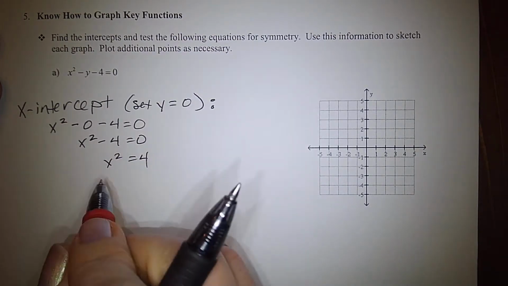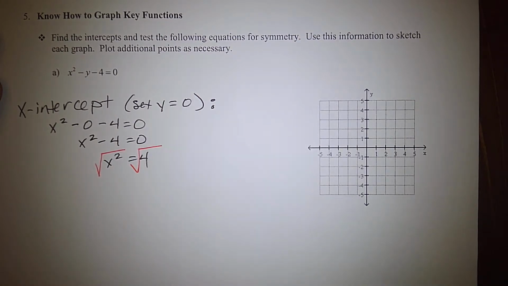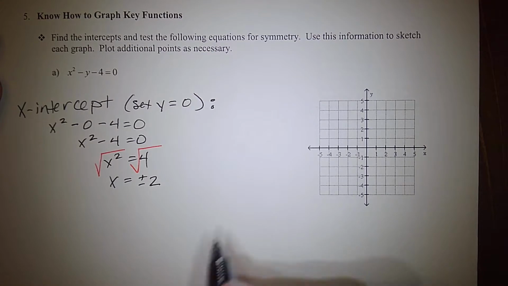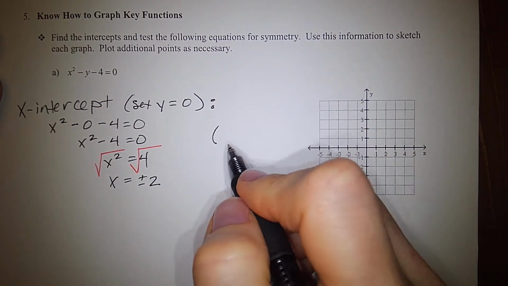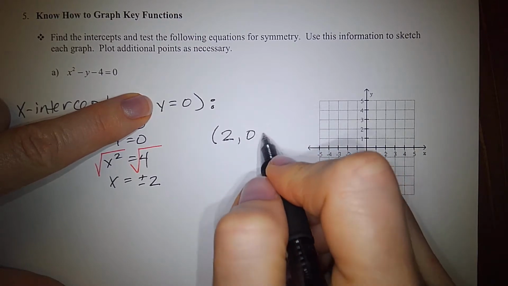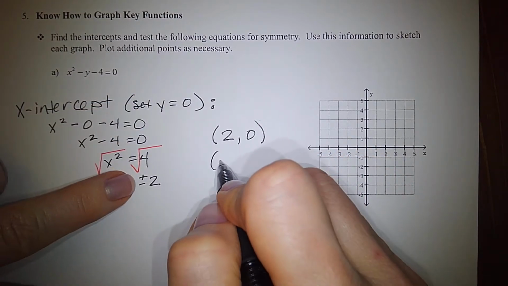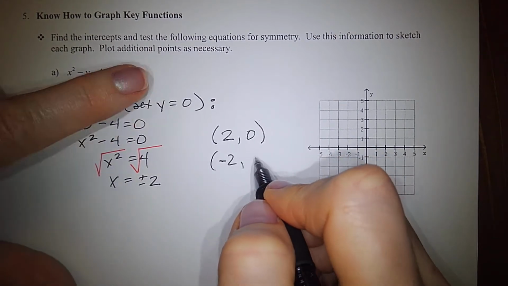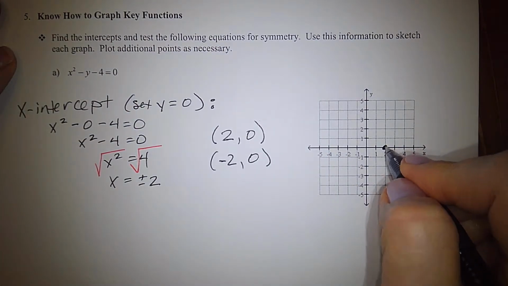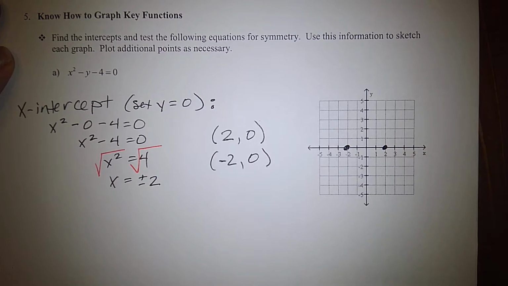And when I take the square root of both sides, I get x is either plus or negative 2. So my x-intercepts are going to be located at (2, 0), also at (negative 2, 0). So I'm going to go ahead and plot that. (2, 0) and (negative 2, 0) will be on my graph.